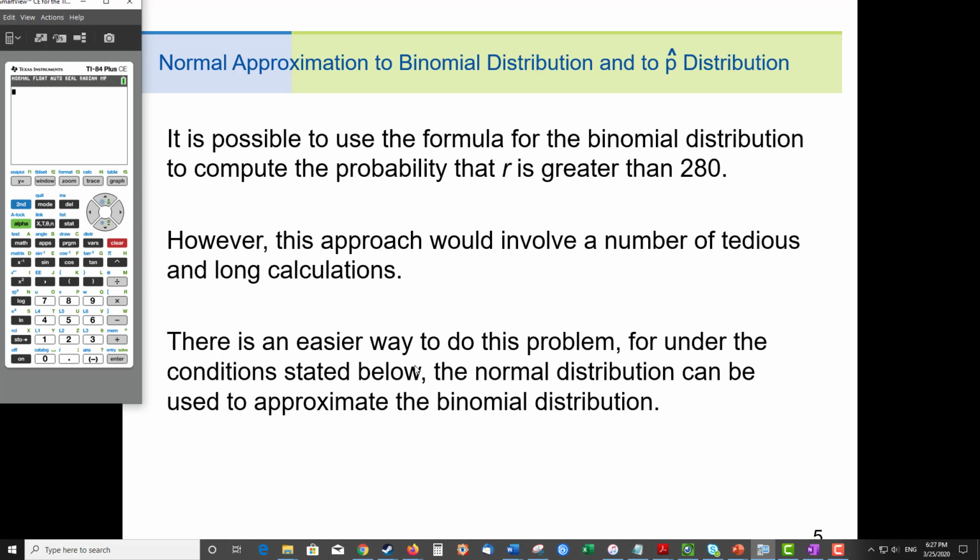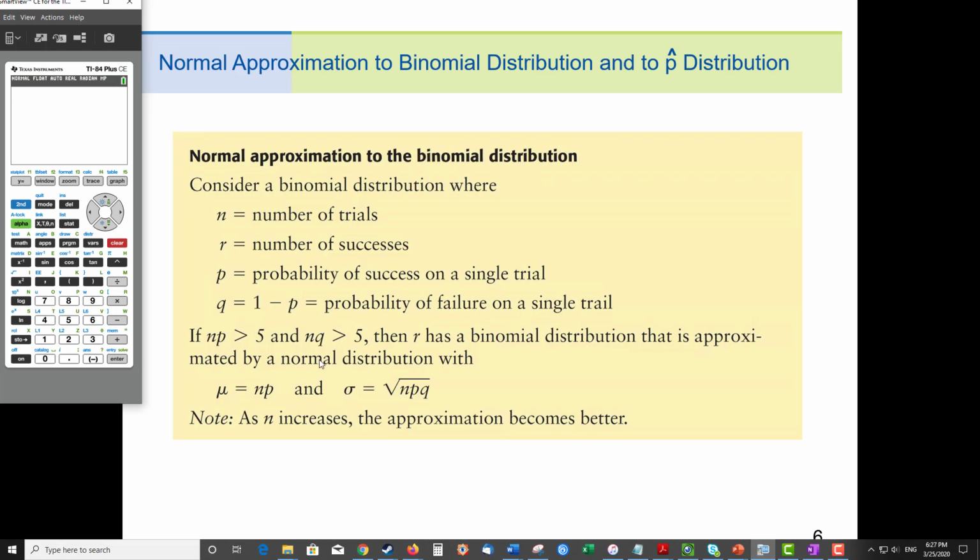Under certain conditions, we can approximate the binomial distribution with the normal distribution. Those conditions are this. If n times p is greater than 5, so the number of trials times the probability of success on a single trial, if that is bigger than 5, and it has to be both, not either or, both, n times q also is bigger than 5, then we could approximate it.